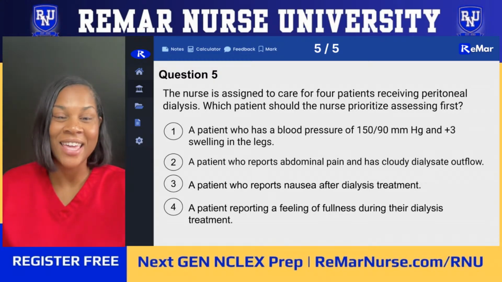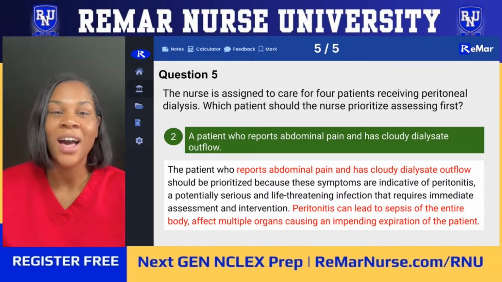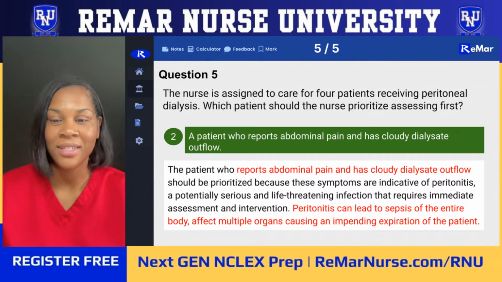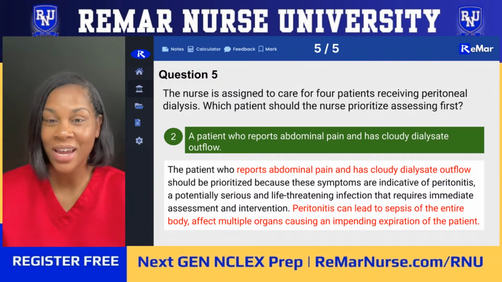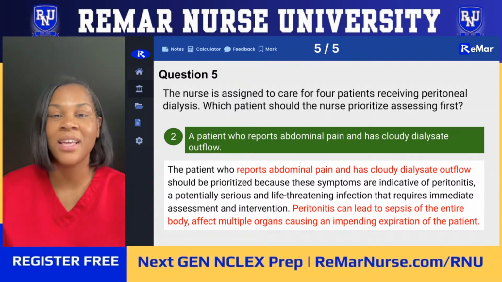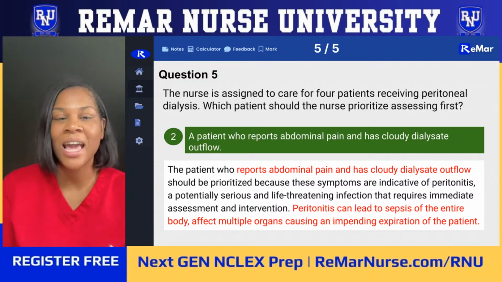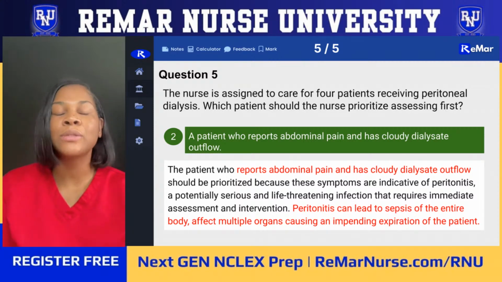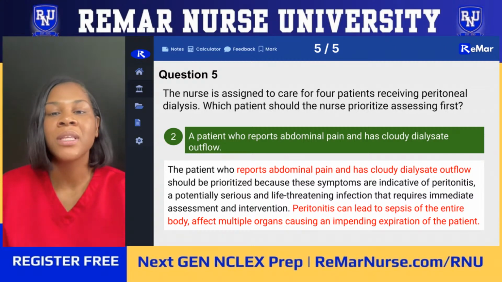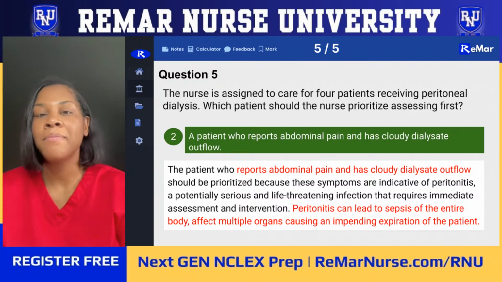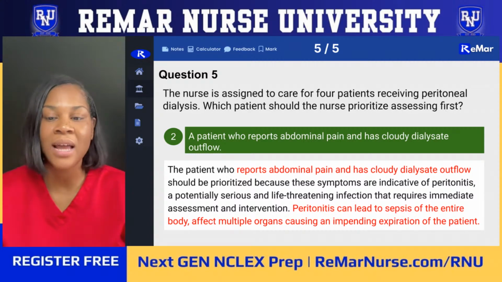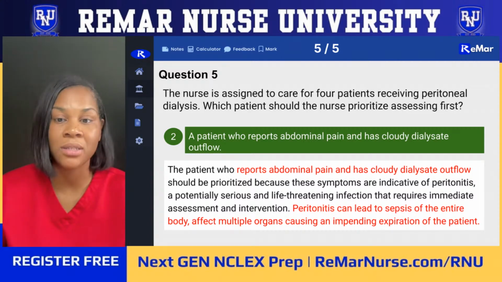Correct answer is number 2. Number 2, peritonitis. One of the signs of peritonitis is cloudy dialysate outflow. This patient has to be prioritized because the symptoms of peritonitis can be life-threatening. They could be super serious because peritonitis can lead to sepsis.